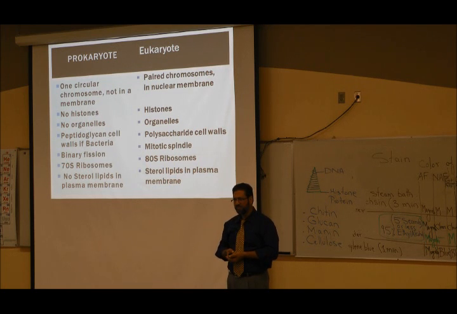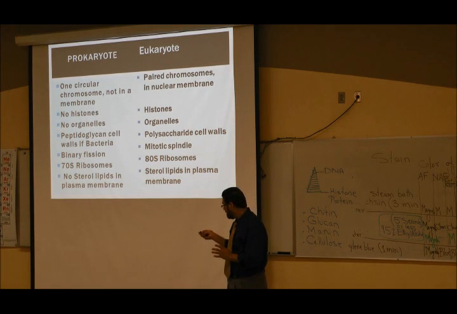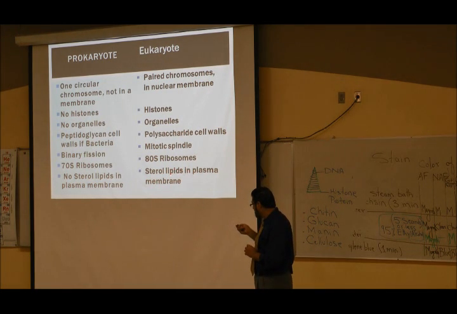Remember that, please. All living things. Now, their chemical composition may be different, but they all have these three things. Now, here I'm telling you, prokaryotes do not have sterol lipids. Sterols are special types of lipids that are only found in the membranes of humans and other eukaryotes.